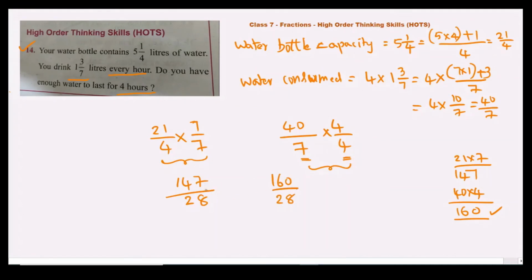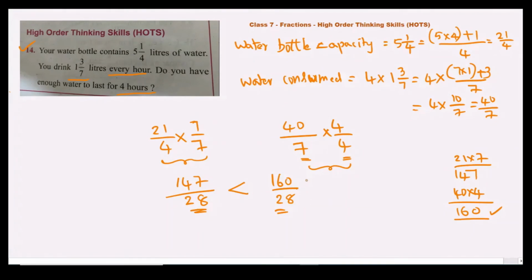When the denominators are equal, the numerator which is greater is the greater fraction, and the lesser numerator is the lesser fraction. So 147 is less, 160 is more. That means the water bottle capacity 147 by 28 is less than 160 by 28.